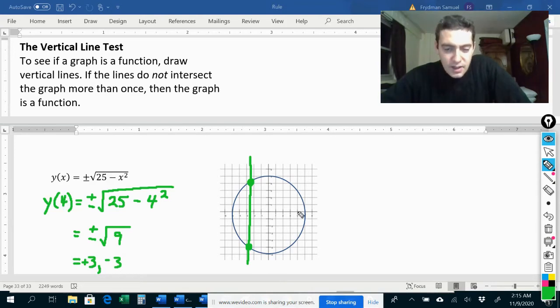And you can see that on this circle over here, when the input is 4, I know that 4 is hard to read, but that's a 4 over there, we actually get two outputs, positive 3. Again, that is hard to see, but that's a positive 3 over there. And also negative 3.